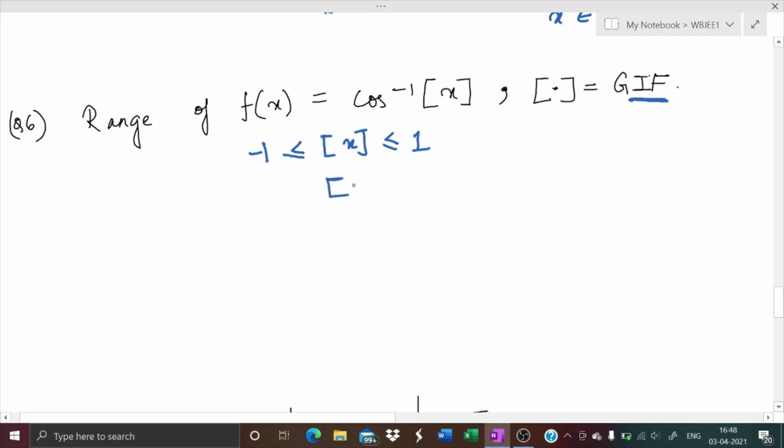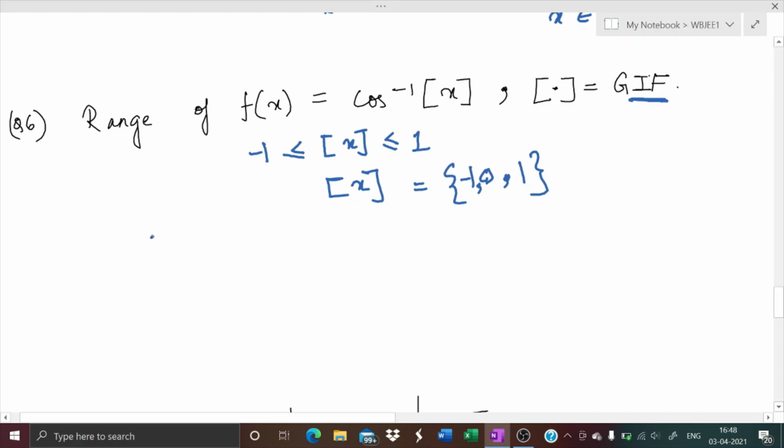So what will be the possible values? Box x means greatest integer function, so this will only have integer values. What are the integers between minus 1 and 1? Minus 1, 0 and 1, three integers.